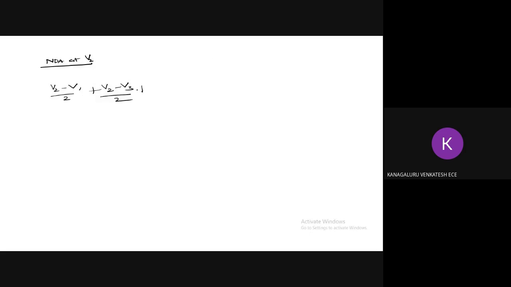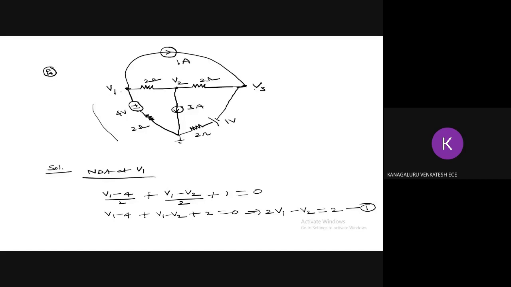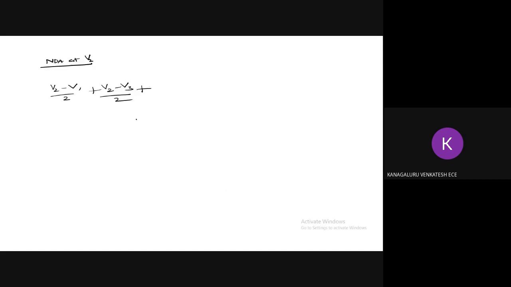What about the third branch? Tell me anyone. What do I get there? Minus 3? No, plus 3. Yeah, as the current is leaving the node, when it is leaving, we should take plus. So plus 3 equal to 0.